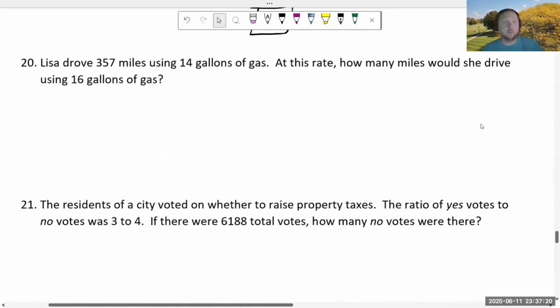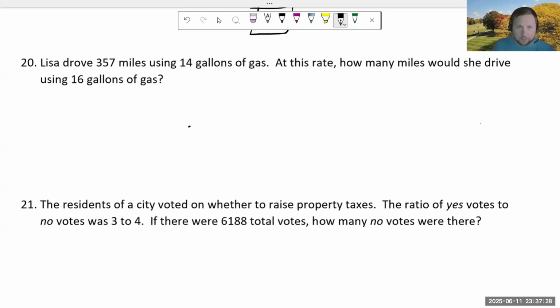Okay, Lisa drove 357 miles using 14 gallons of gas. At this rate, how many miles would she drive using 16 gallons? So I'm thinking miles and gallons, or I could have gallons on top and miles on the bottom, as long as I'm consistent. So there's the first part of the trip, and then I have another 16 gallons, and we're trying to figure out how far she can drive.